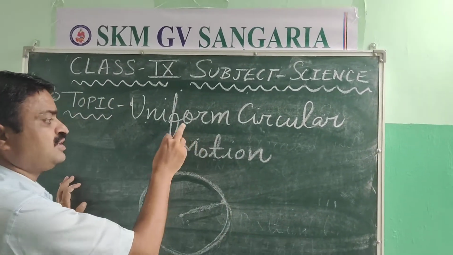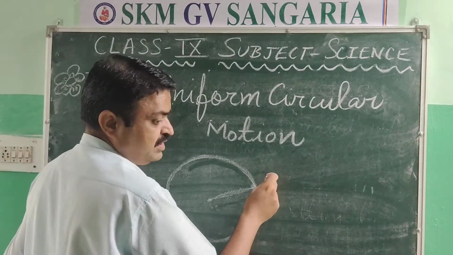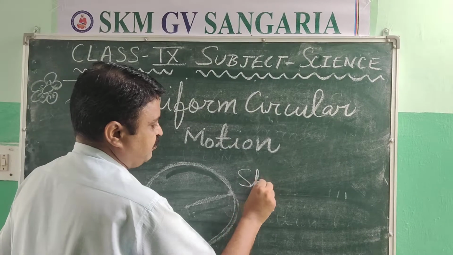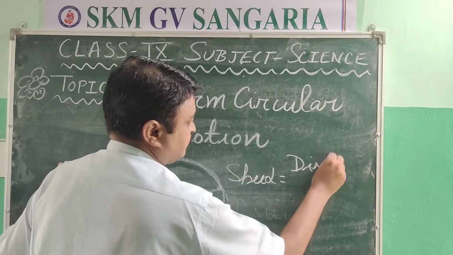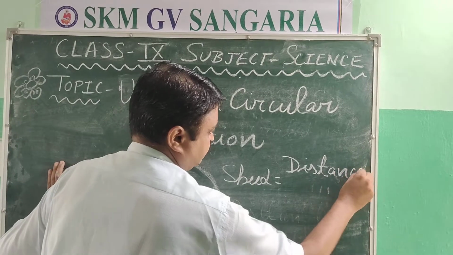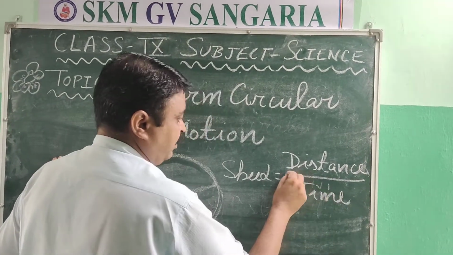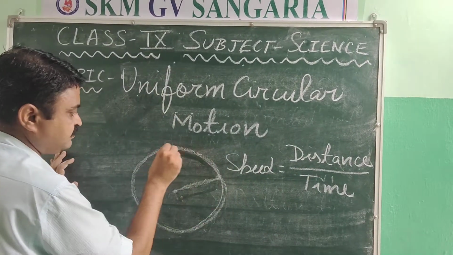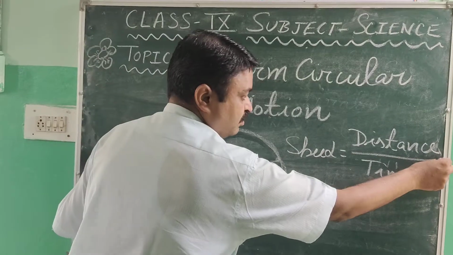And the speed in uniform circular motion you can find with the help of this formula. Speed is equal to distance upon time. Now in this, the circumference is the distance covered by the particular object.